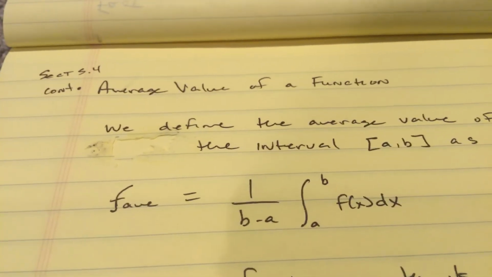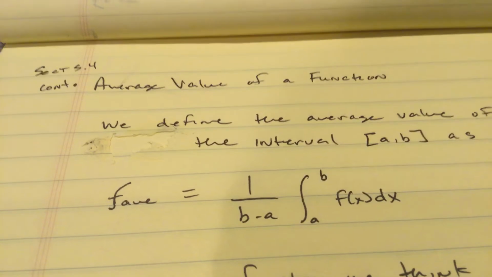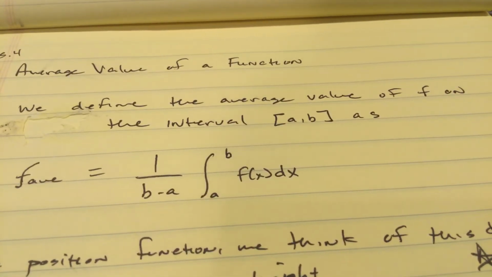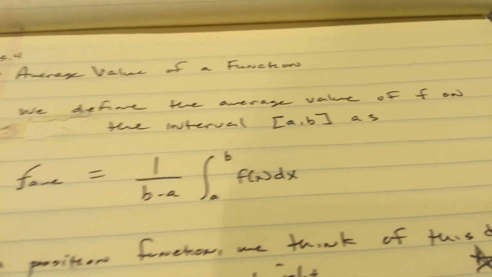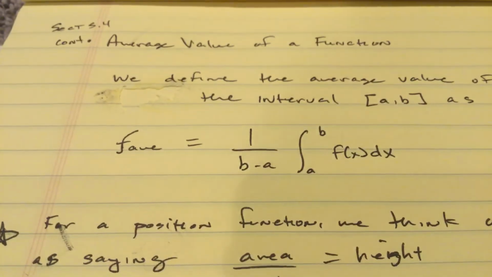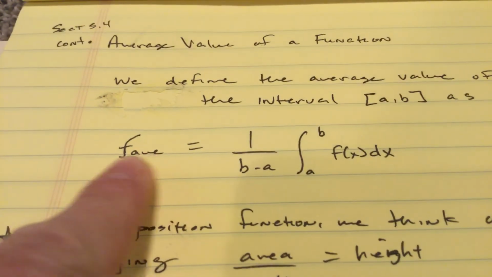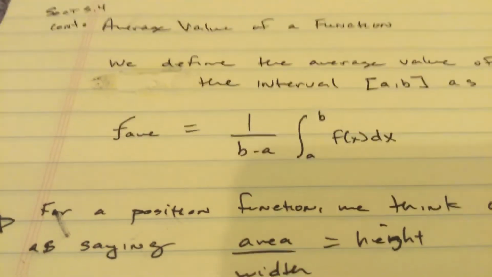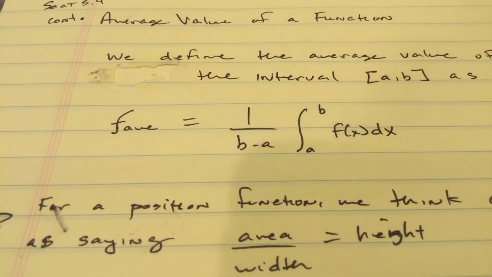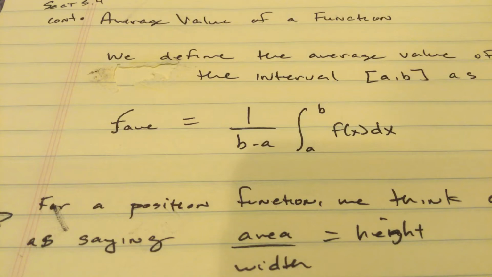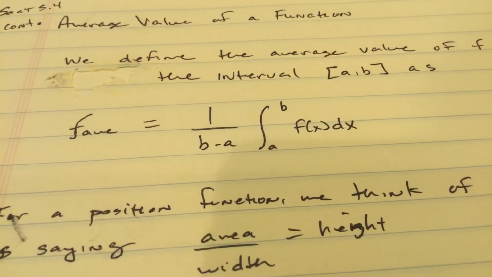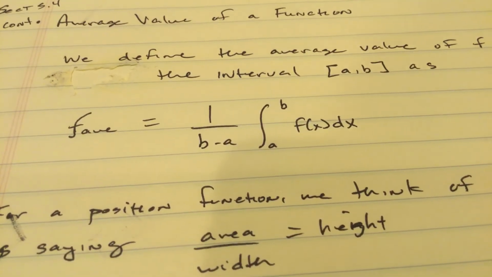We'll go from there. Section 5-4, the average value of a function. We define the average value of f on the interval a to b as this. F avg, that would be the average value of f. F avg is equal to 1 over b minus a, the integral of f of x dx from a to b.